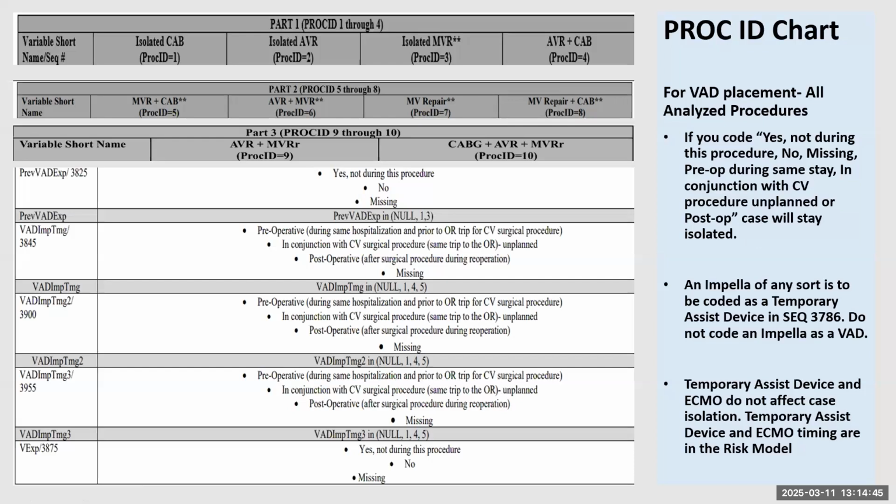So what does that mean? That sounds like a lot. Basically, if you have a planned VAD placement, and I'm talking about the long-term durable device, it will affect case isolation.